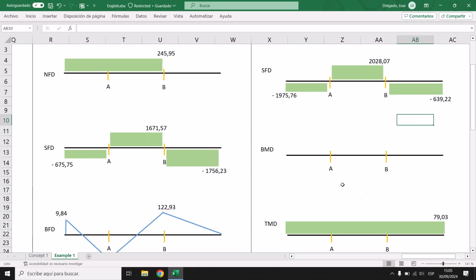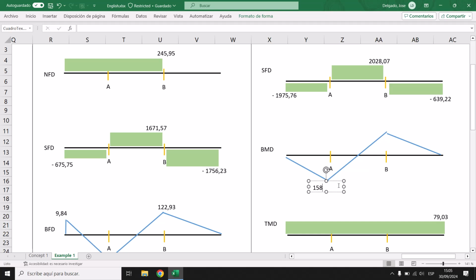Now it's time for our bending moment diagram. We don't have an initial torque here, so don't worry. It's going to be the area. Just try the area of this. What is the value here? It's going to be this multiplied by 80. Remember, you should put this in meters, Newton per meter.